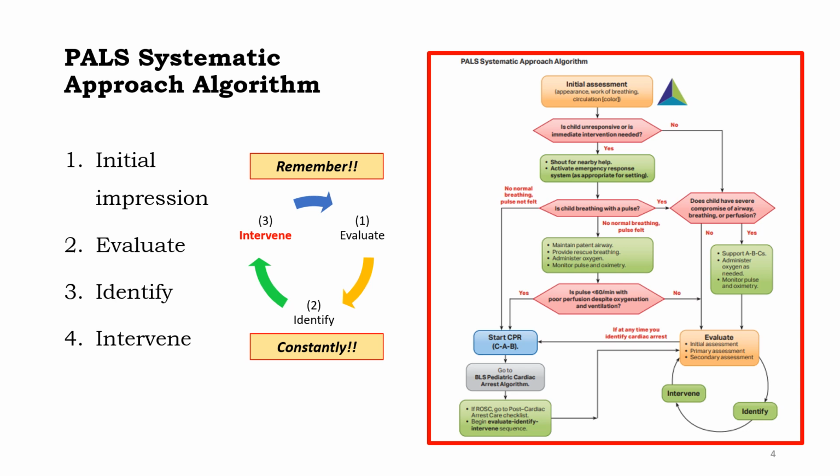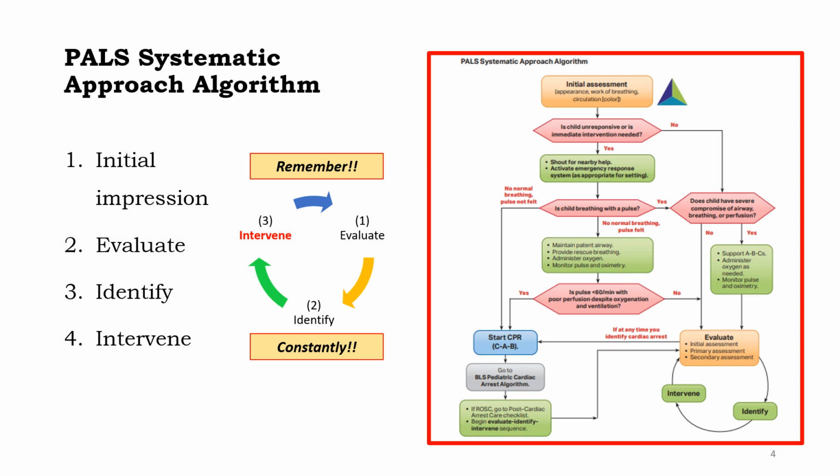Now, as we go through it, you will find that these steps are linked in a cycle. You start with evaluation, move towards identify, and intervene, but you will be intervening whenever you find a problem.